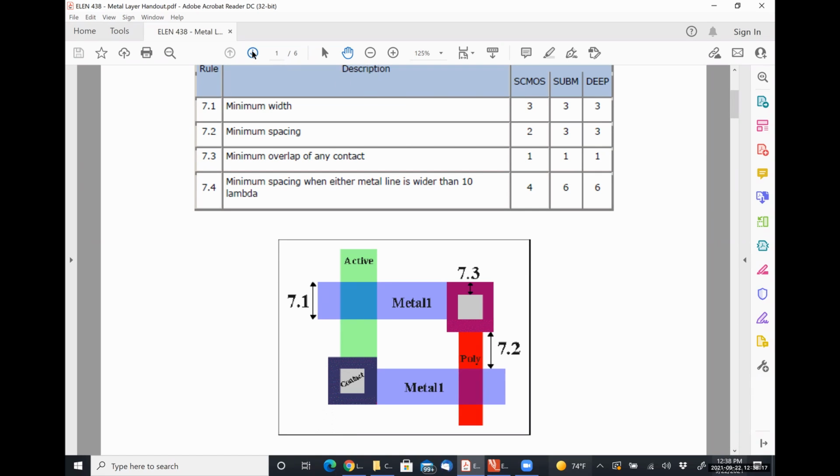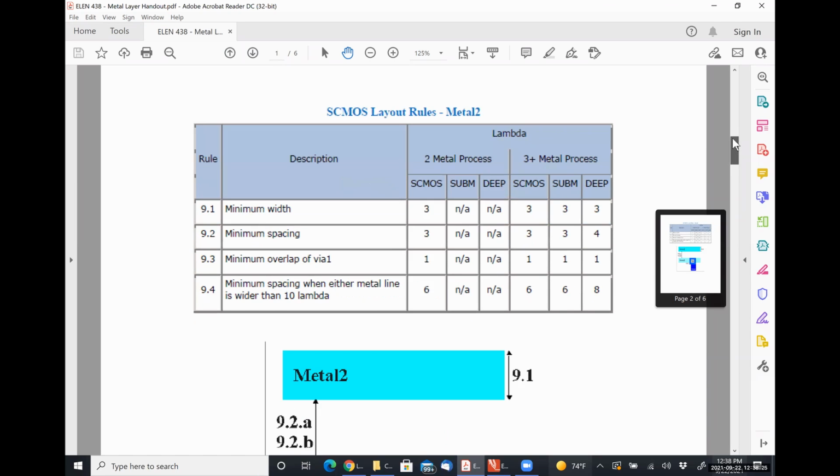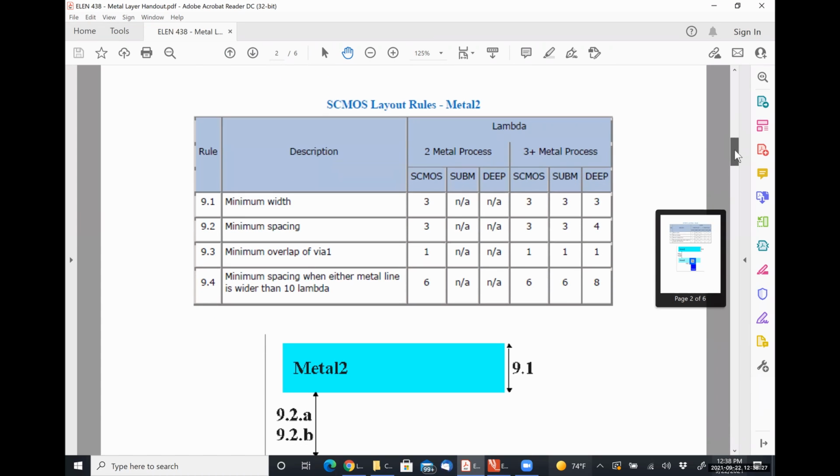When we go to our rules for metal 2, scroll down here, and we're looking for a 3+ metal process, which is what ours are. The rules for metal 2 are literally identical to that of metal 1.